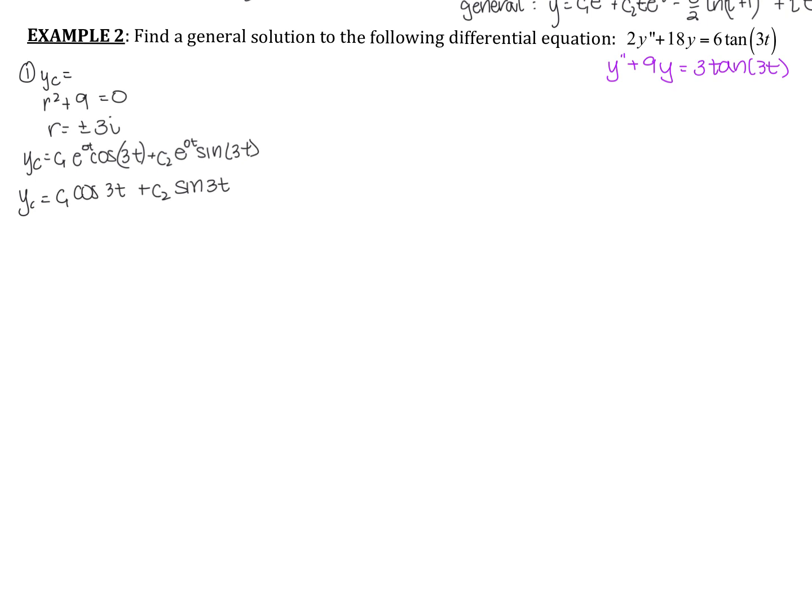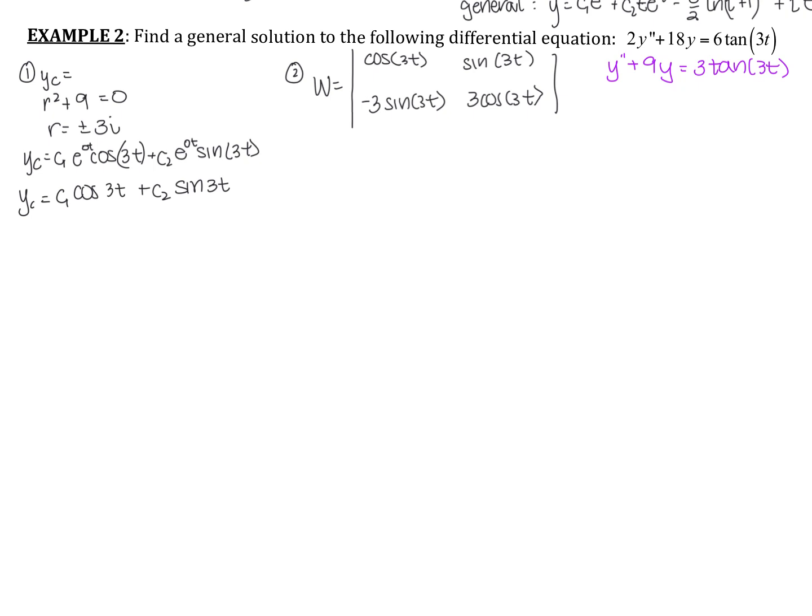Okay, so now I'm going to deal with my Wronskian. The matrix I'm building is cosine of 3t, sine of 3t, and then the derivative of cosine is negative 3 sine 3t with that chain, and this one would be 3 cosine 3t.